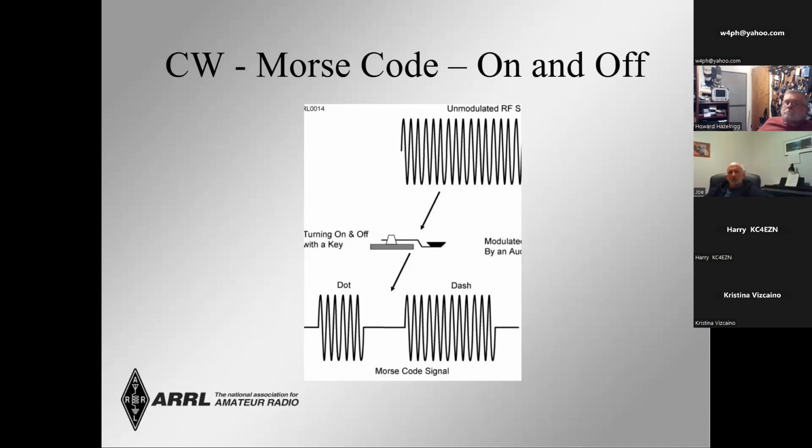They call the short sound a dit, the long sound a da. Technically, the da is supposed to be 3 times the length of the dit, and it's done with what they have right there in the middle of the picture, a key, if you're sending by hand, and it actually turns the switch off and on when you mash the handle down on the key.